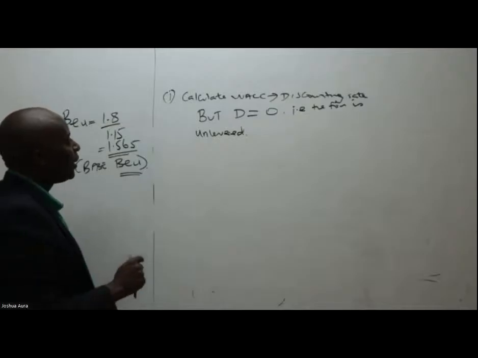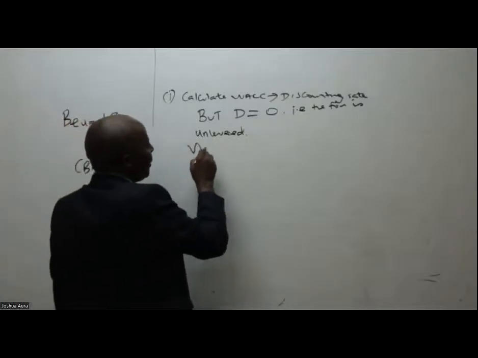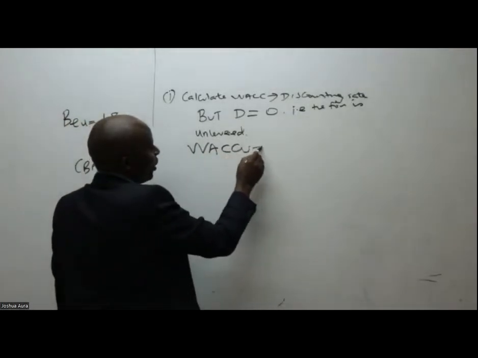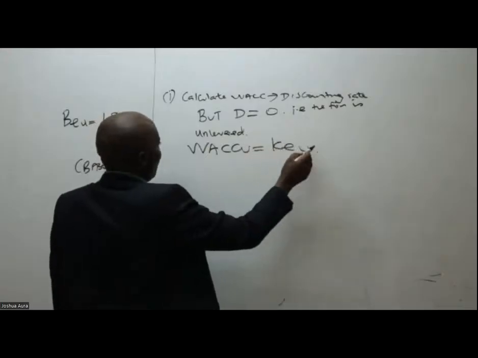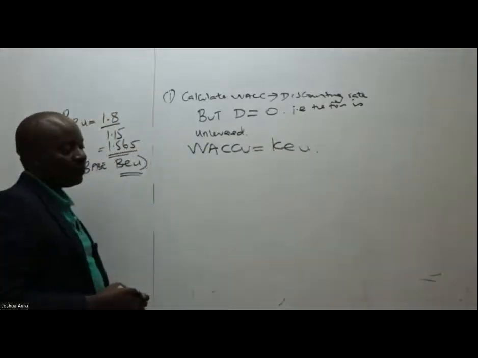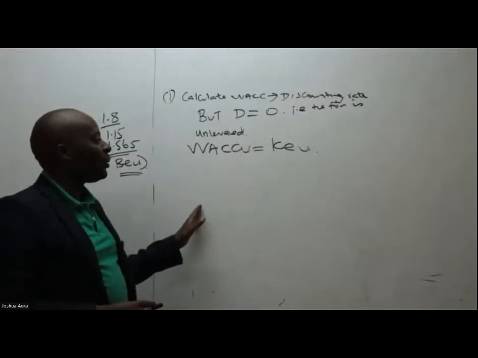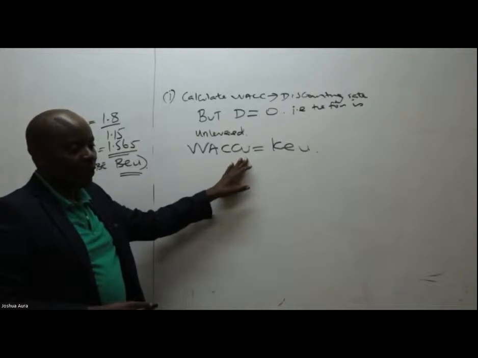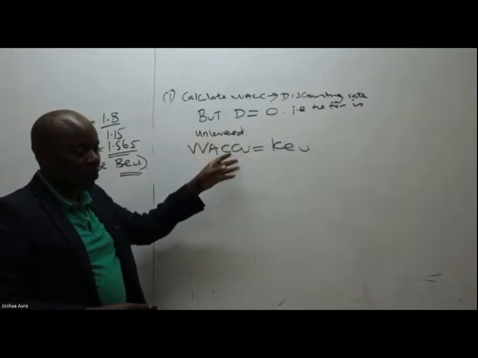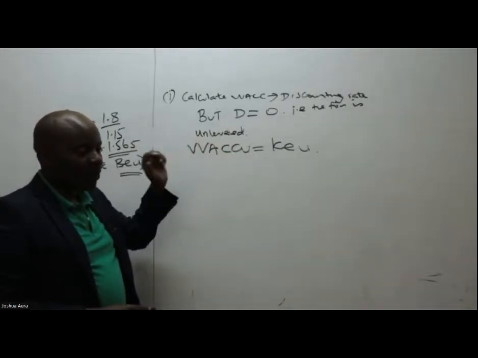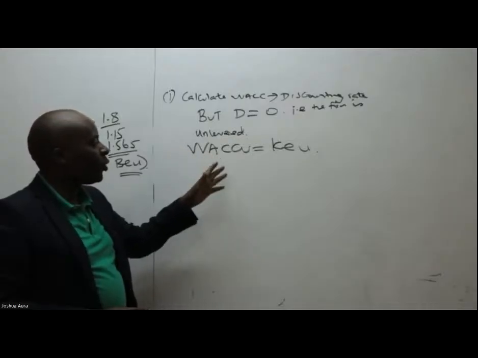So if it's unlevered, remember in this case, ladies and gentlemen, WACC_U equals K_U. Very, very important. If it's unlevered, then the weighted average cost of capital of an unlevered firm will always be equal to cost of equity of an unlevered firm. Some students sometime back told me WACC_U equals K_E.